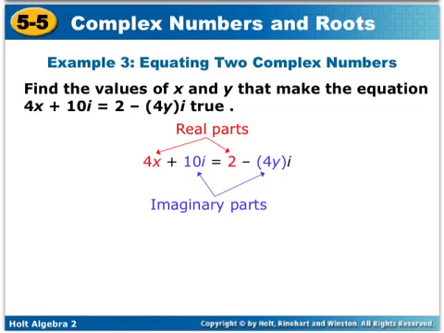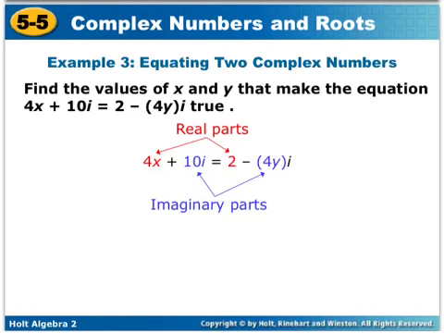Okay, and an example. We're going to do some equations with complex numbers. Find the values of x and y that make the equation true. So the first thing we do is write the equation down, which you see right here. We have the real parts, which is the a plus bi, the imaginary parts, and that should be blue too.